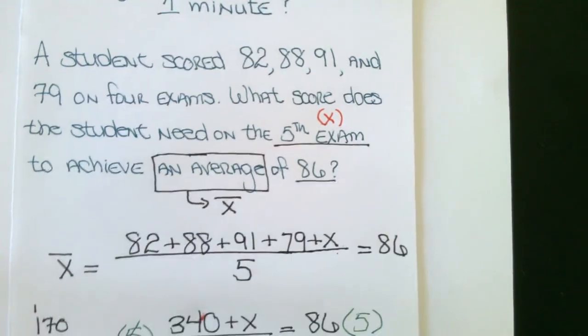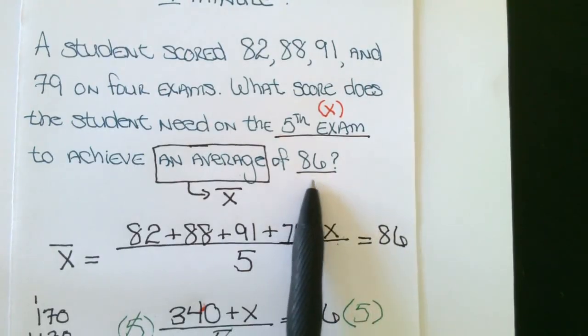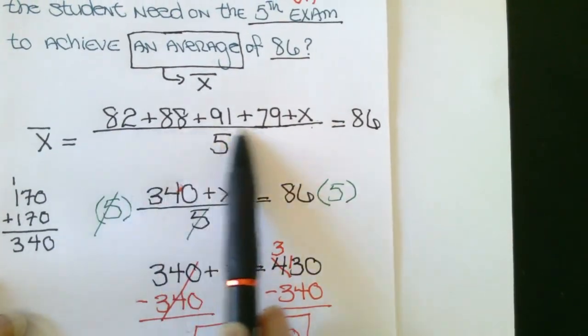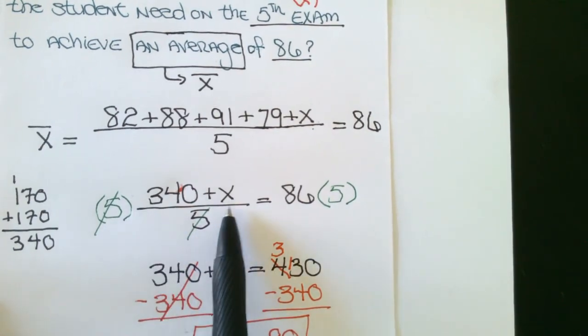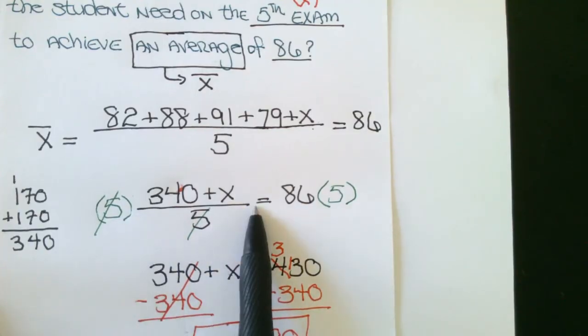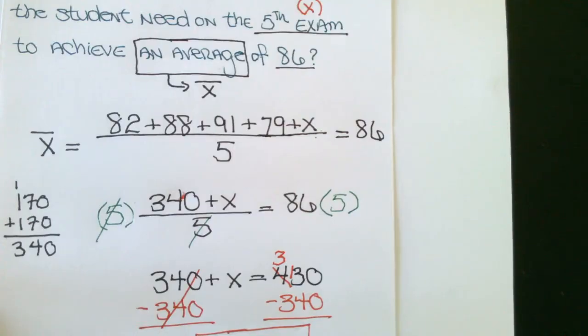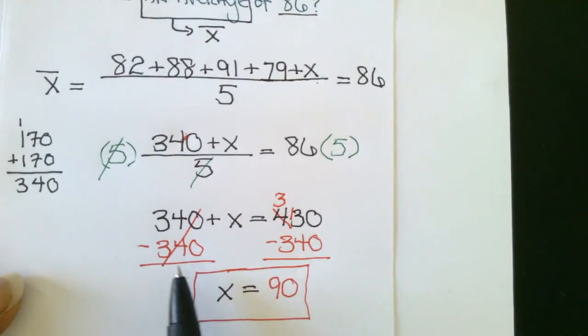They're trying to shoot for an 86. So we add those 4 scores up. That's where the 340 came from. Then we add the unknown test score, that 5th test. That means we are dividing by 5 because we're looking at 5 exams. Multiply both sides by 5. Then we subtract our 340, and that's how we get our 90.